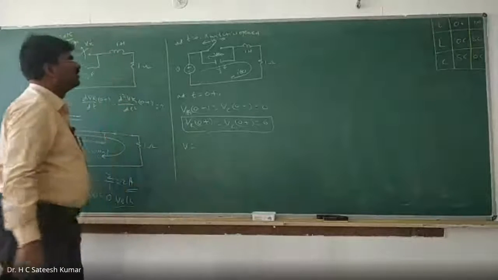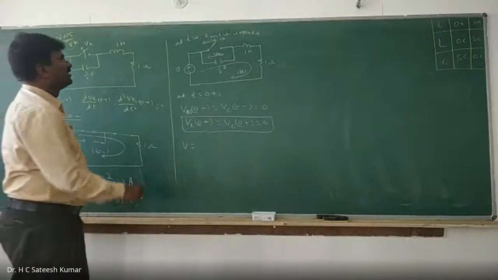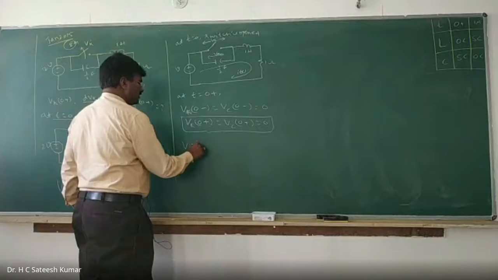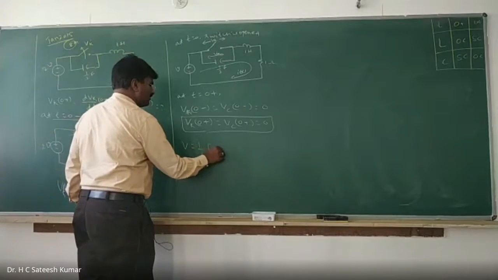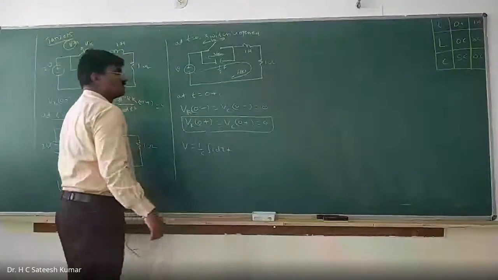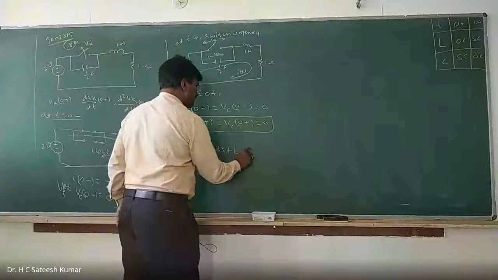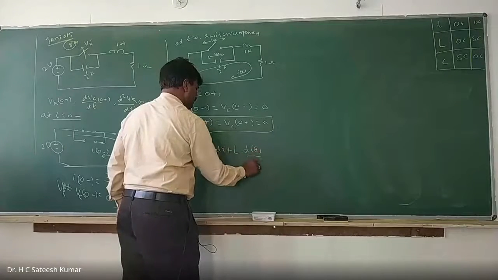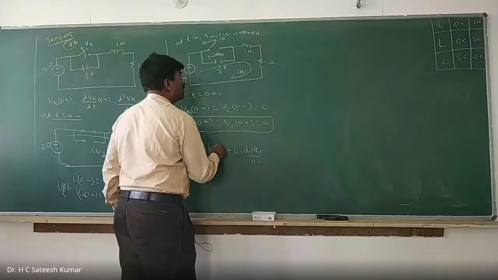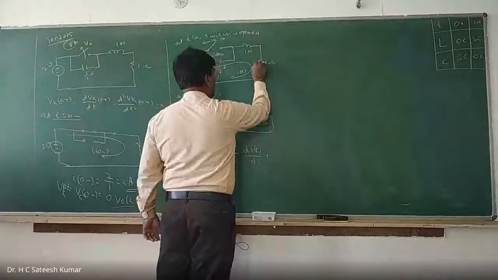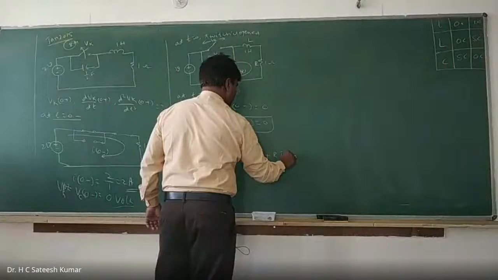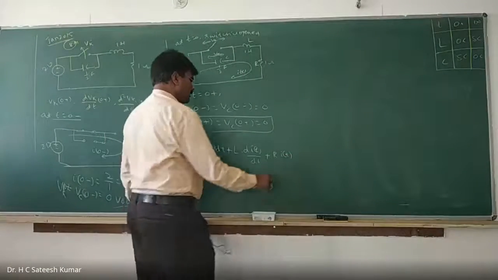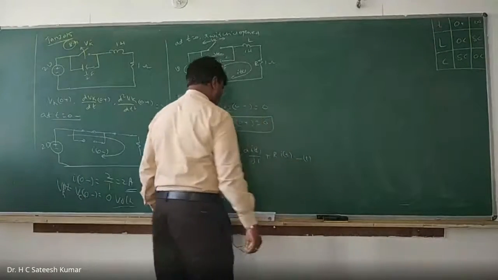V is equal to 1 by C into the integration of i dt plus L into di of t divided by dt plus R into i of t. This is R, this is L, this is C. So this is the general expression for it, right? This is called equation number 1.